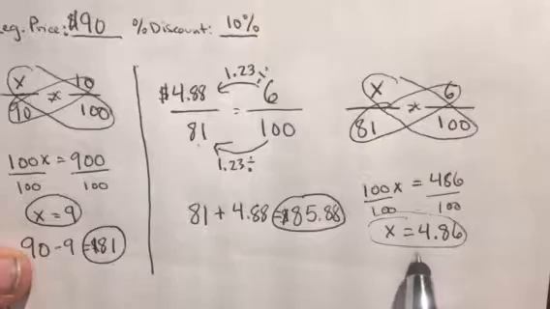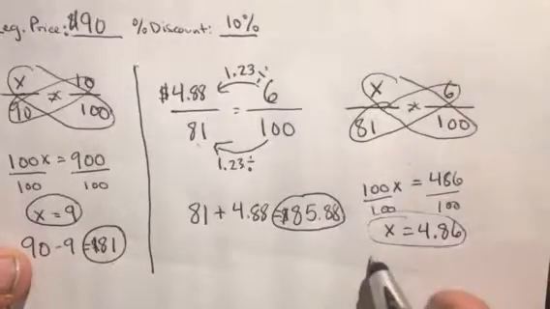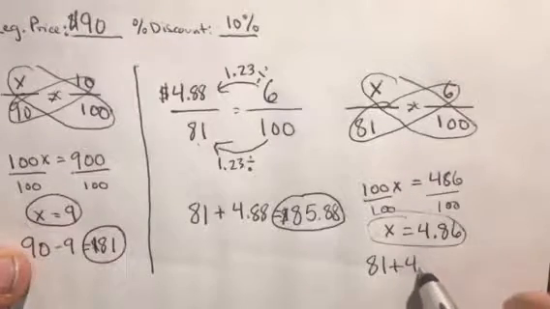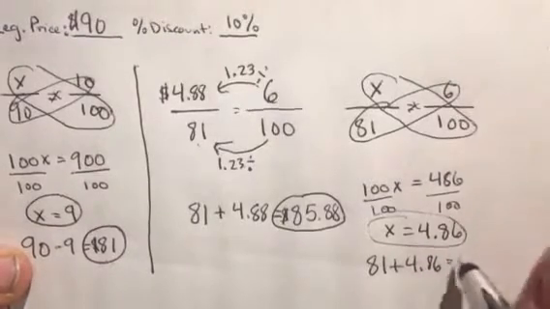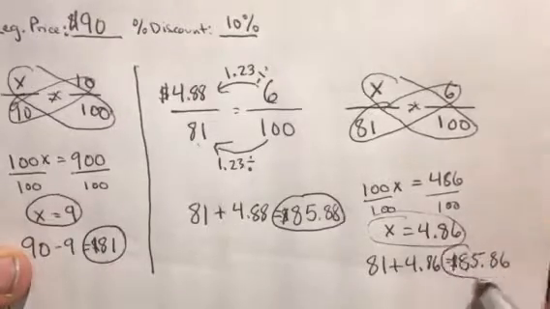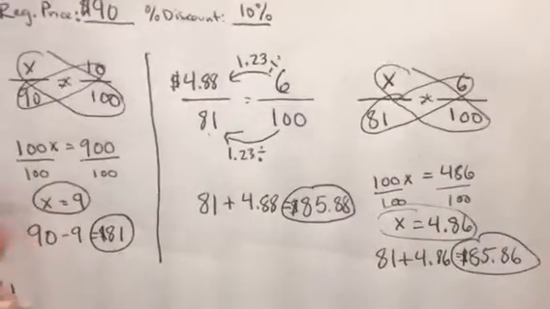This is my tax. So I have to take my sale price of $81 again, and I'm going to add 4.86. And in this case, I get $85.86. Either one of these answers would have worked.